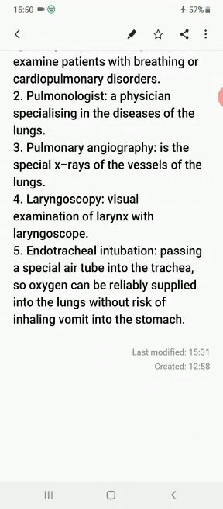Endo means inner, ko trachea. Intubation to insert tube means intubation, to insert tube insertion. So endotracheal intubation meaning what? Inserting of tube into the trachea to allow supply of oxygen.